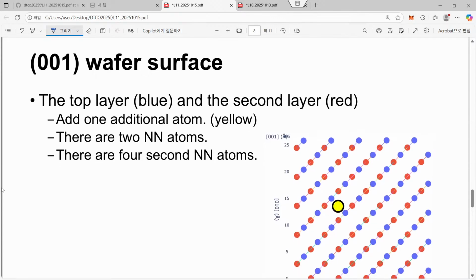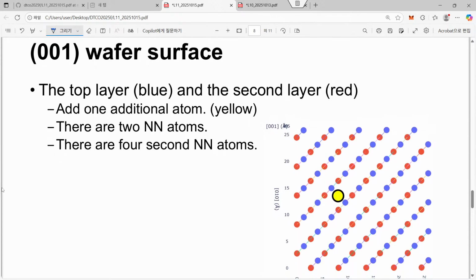This figure shows the 001 wafer surface, and here we have once again blue dots and red dots.